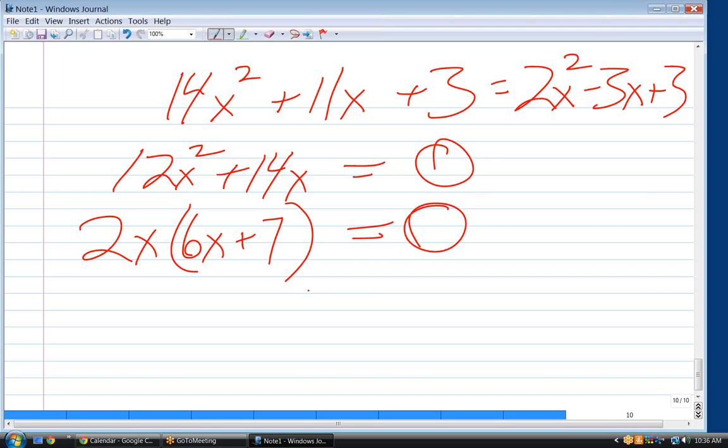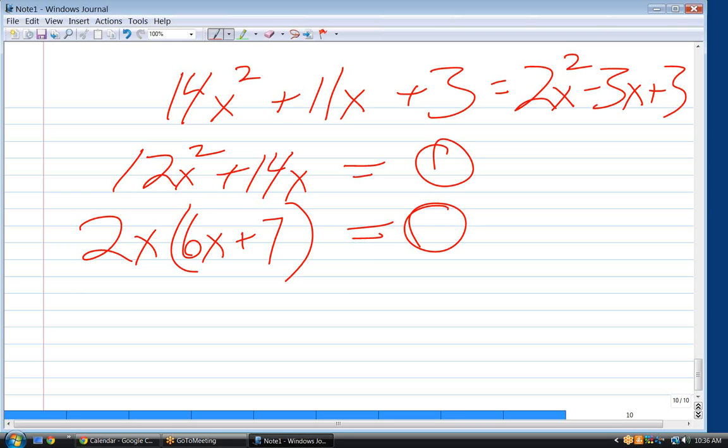I don't know. Okay. The most fundamental principle of algebra is the principle that says if you multiply two numbers together and equal 0, then one of them has to be 0.